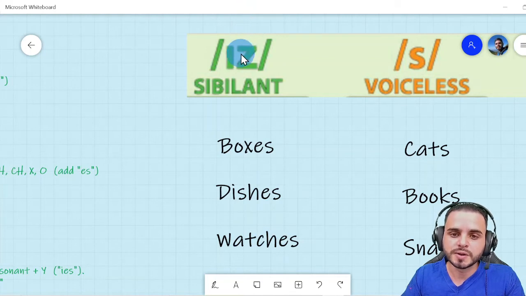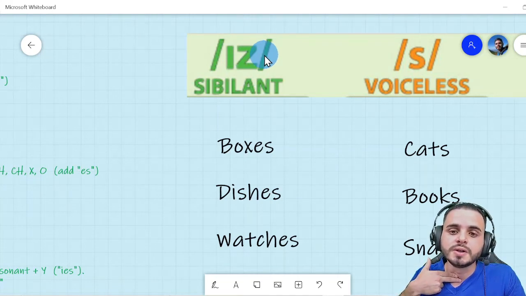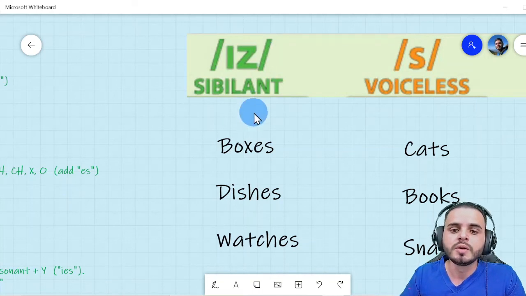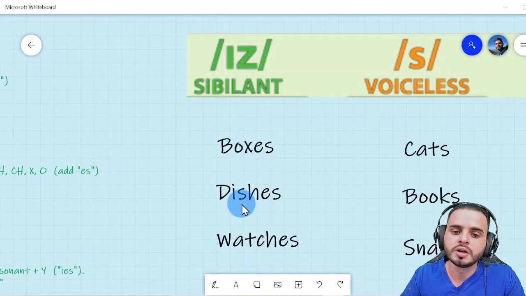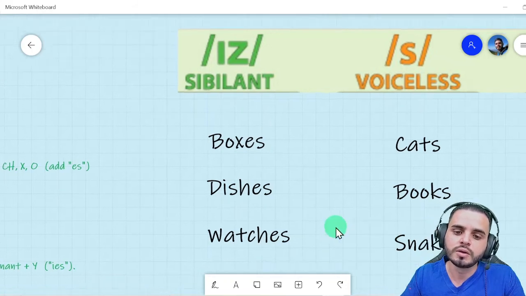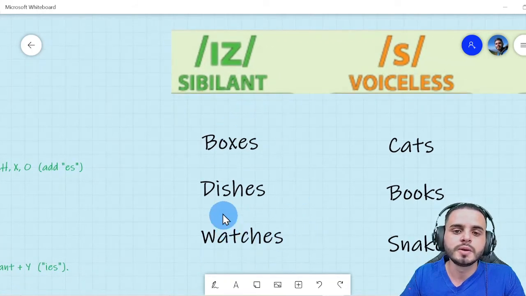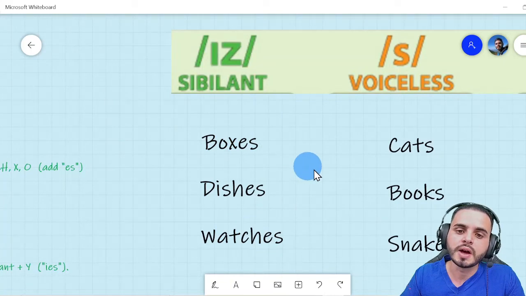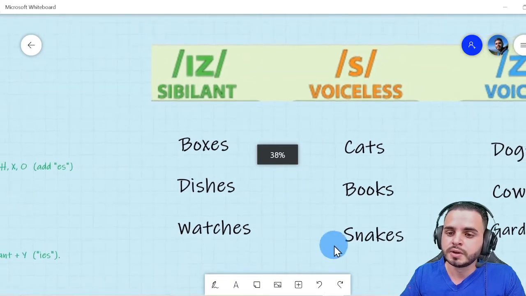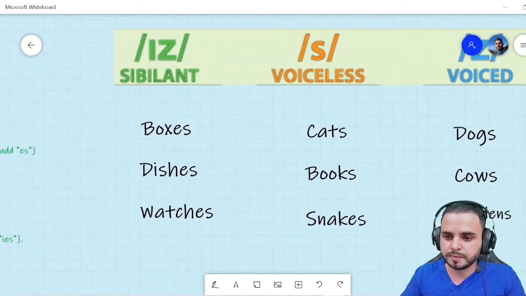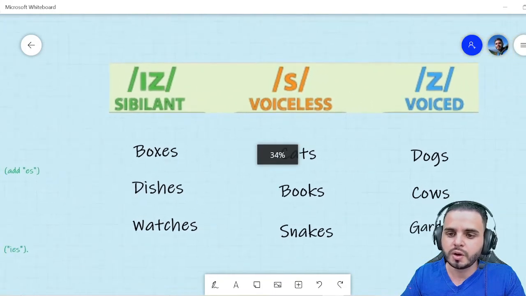Okay, so notice that there is vibration. So the vocal cords vibrate for the sound because we say is. But in here we have these sibilant sounds, the x, sh, ch, or the s itself. So for those words, they're going to be pronounced in that same manner. So let's just pronounce all of them.